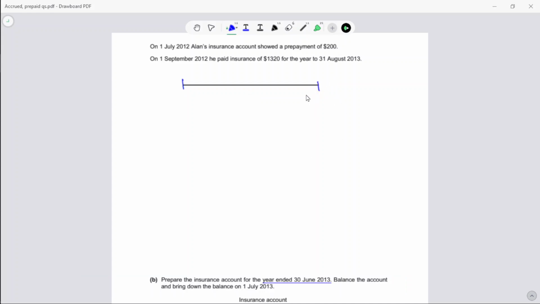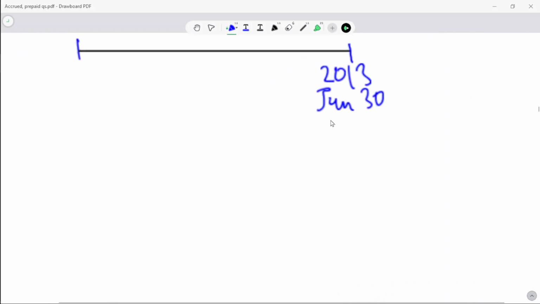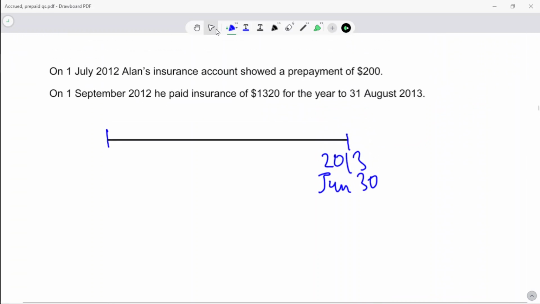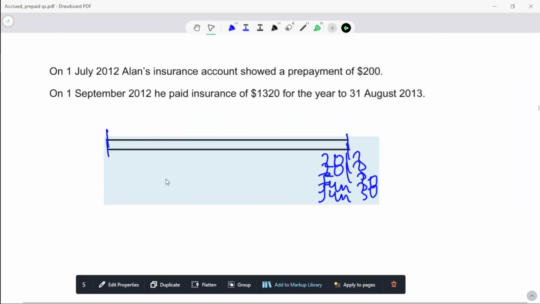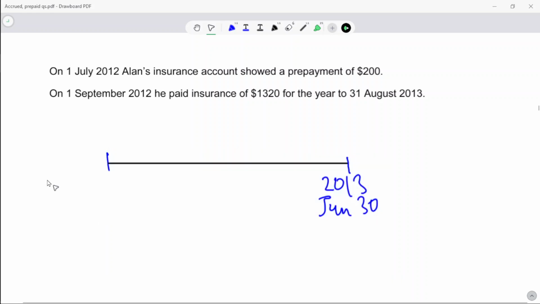There are 2013 June 30. So 1 year before, 1 day after. So this day, fee payment. This day, right hand side, plus.